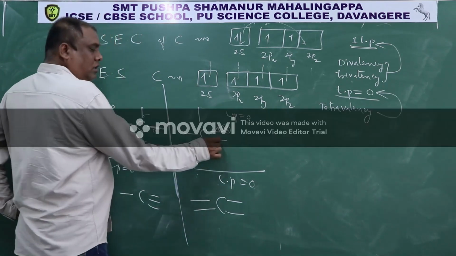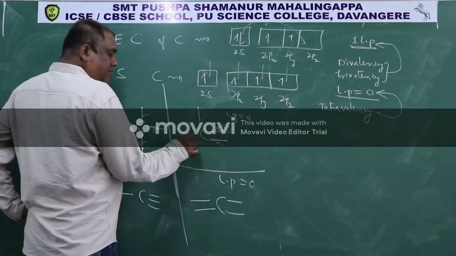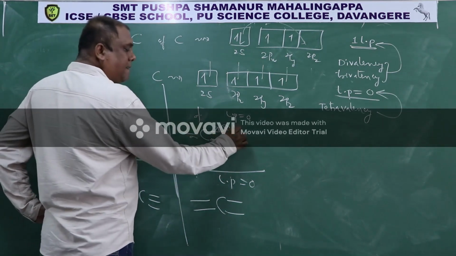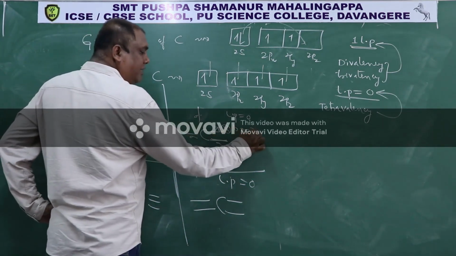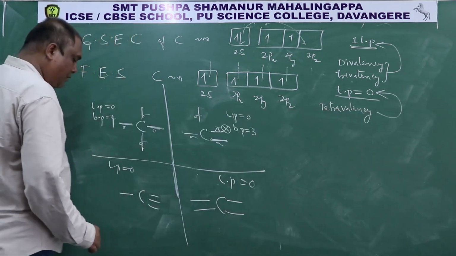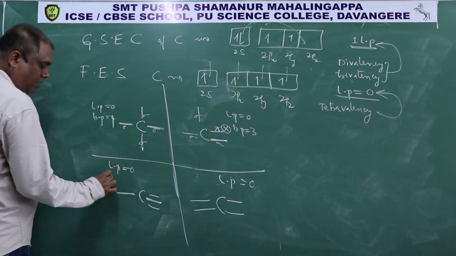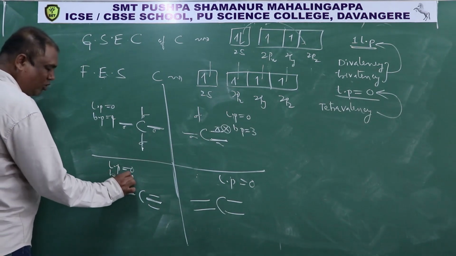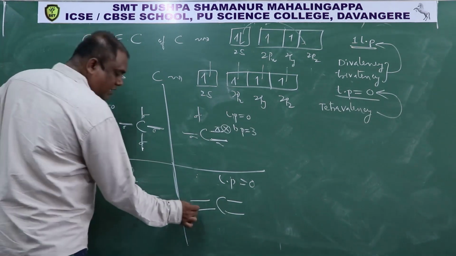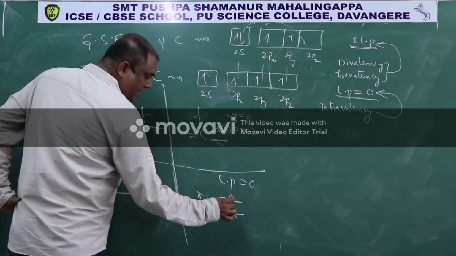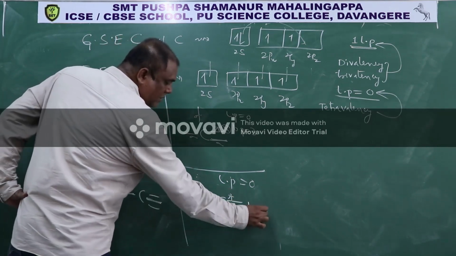So now sigma bond, sigma bond, sigma bond. Only sigma bonds are considered as bond pairs. Therefore bond pairs here 3. So here this is one sigma bond, this is another sigma bond, then bond pairs here 2. Here this is sigma, this is sigma, this is pi, this is pi. Here bond pairs 2.